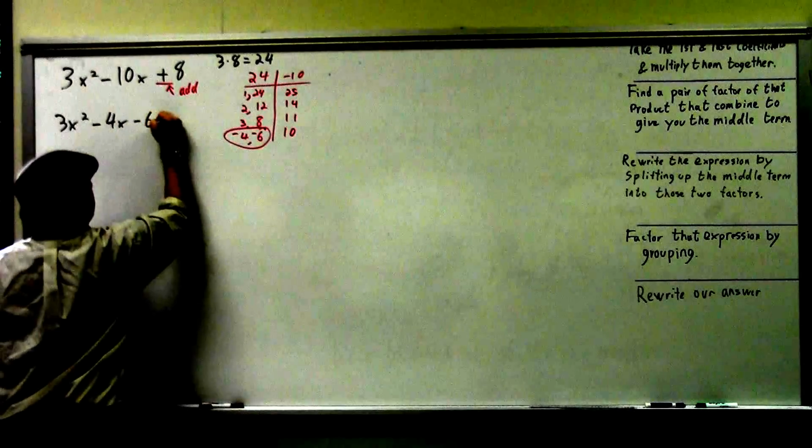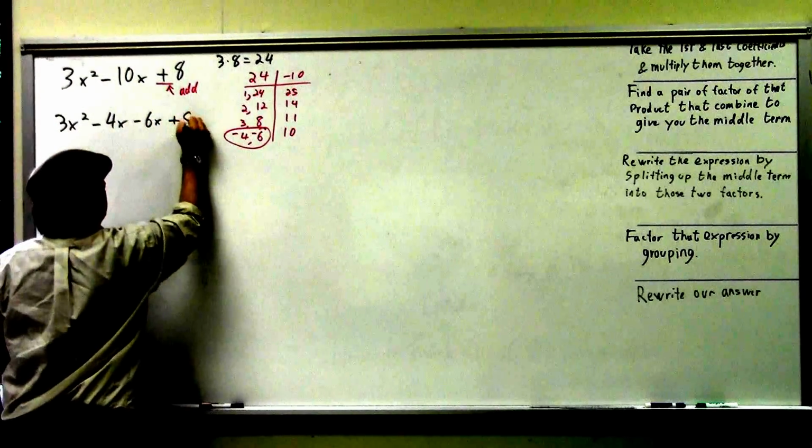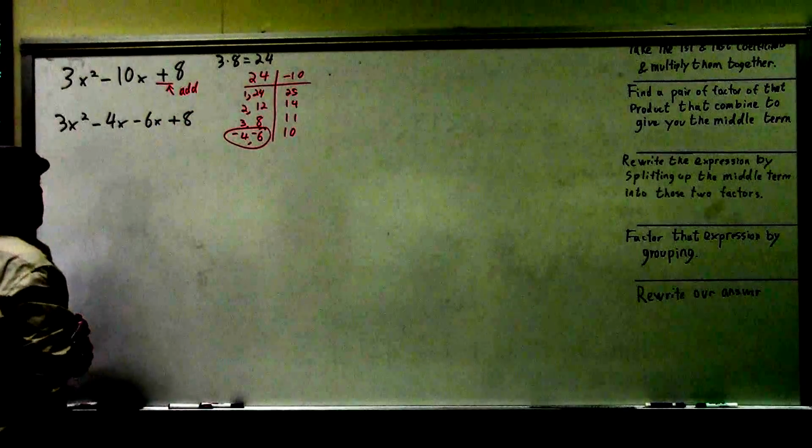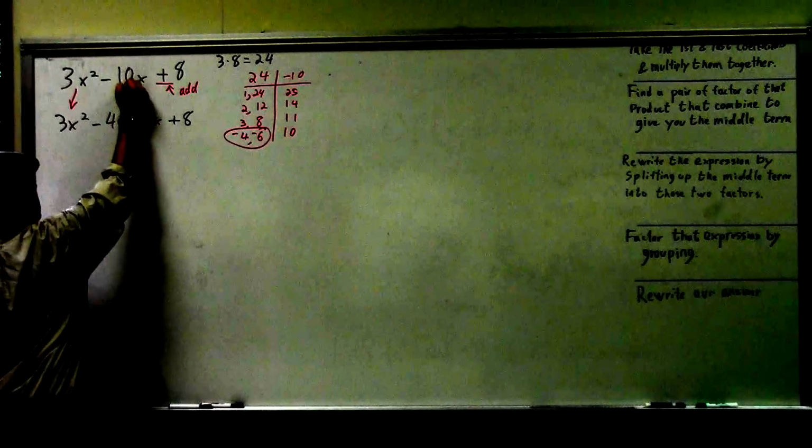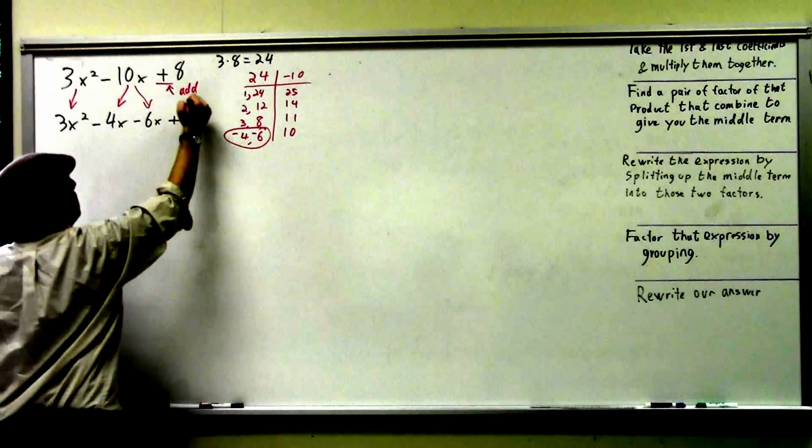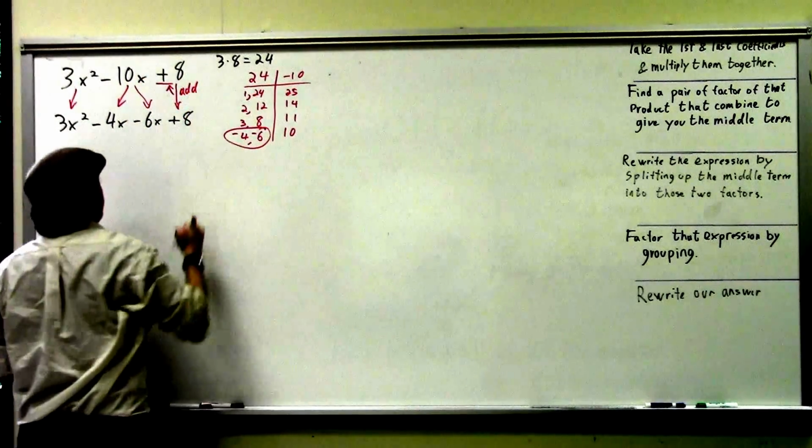So in the next step, we're going to rewrite our equation. We have minus 4x minus 6x plus 8. So remember, we're going to bring this guy down, we're going to split this guy up, and we're going to bring this guy down.